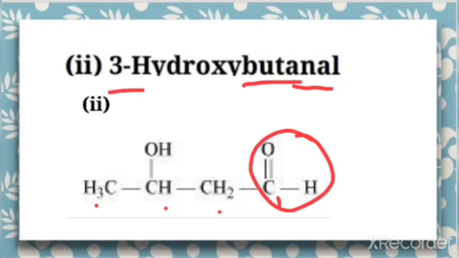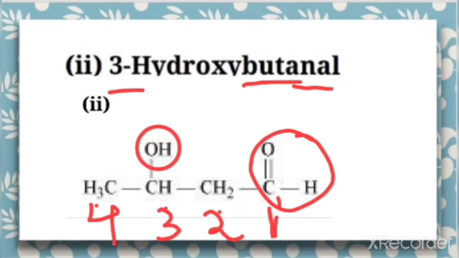Now look at here, 3 hydroxy, that means a hydroxy group is present on the 3rd carbon. Now which one is the 3rd carbon? Once you have chosen this one as the aldehyde group, that should be the 1st carbon, then this is the 2nd, this is 3rd, this one is 4th. So the OH group, that is a substituent, is on the 3rd carbon, therefore it is 3-hydroxybutanal. So just write the 4 carbons and keep the 1st carbon as aldehyde.